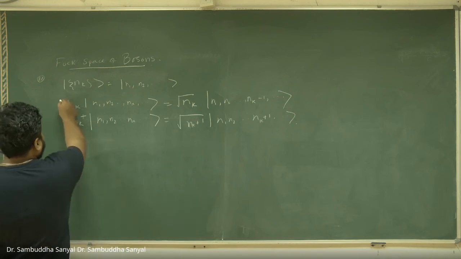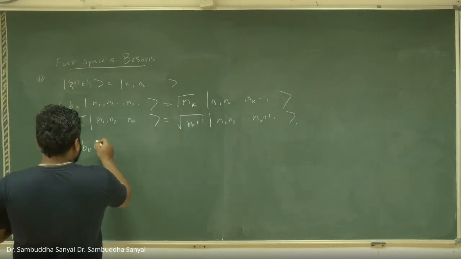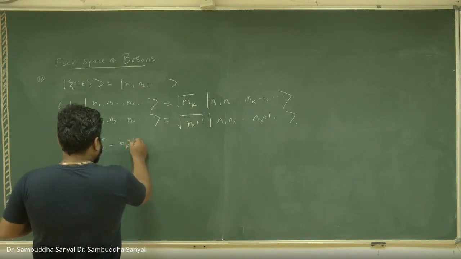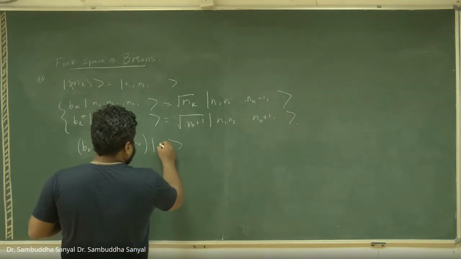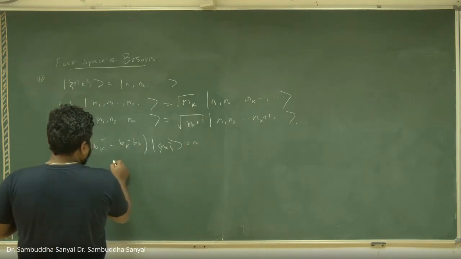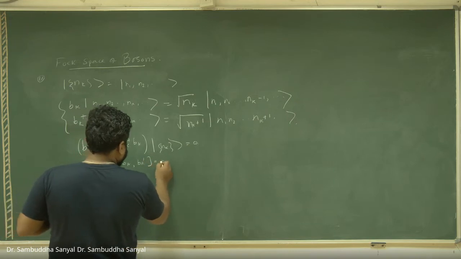And then we asked you to check that, and I also showed actually that this Bk Bk dagger minus Bk dagger Bk, when acting on this nk state, will give me 0, and that means they satisfy the algebra.